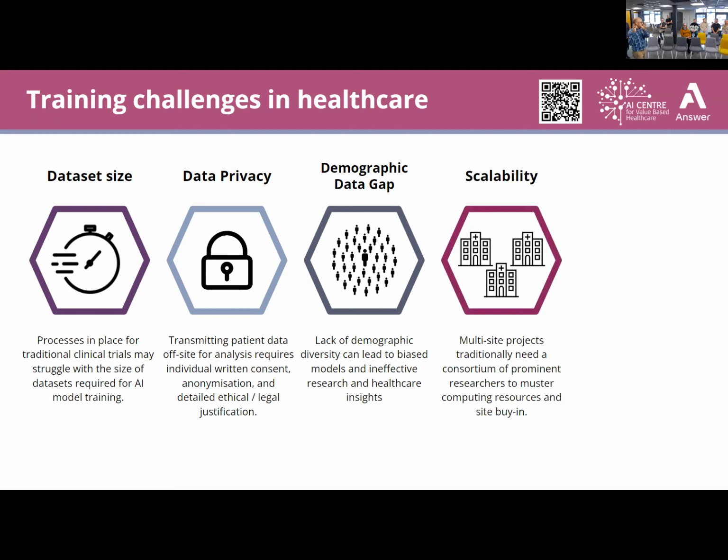We need data sets from throughout the country at multiple different sites, from multiple different demographic groups and probably different clinical pathways too, depending on what type of model you're training. And this has been done, but typically you need a really high prestige grant and a really high prestige professor heading it up to convince different sites to buy in and simply to get the scale of funding that you need, because they'll be setting up entire infrastructures and systems to be able to gather together all of these data from multiple sites in order to make it work.